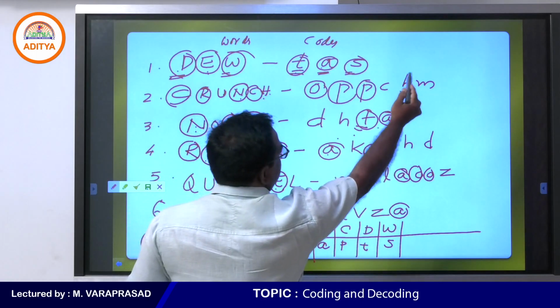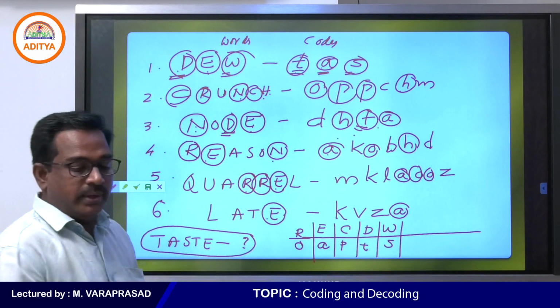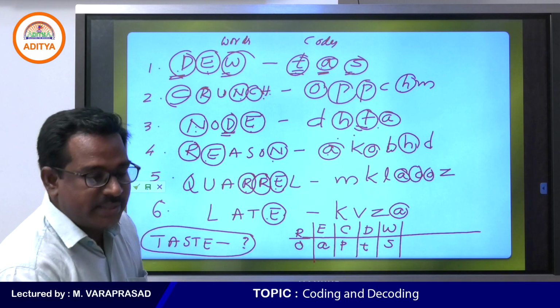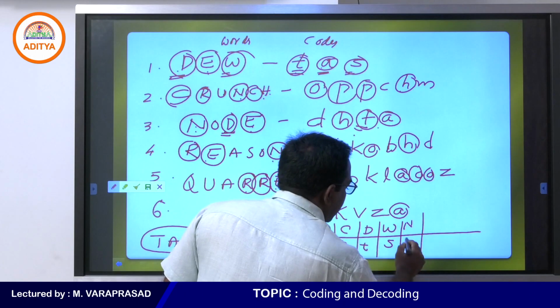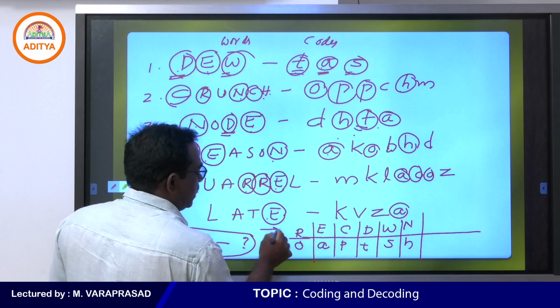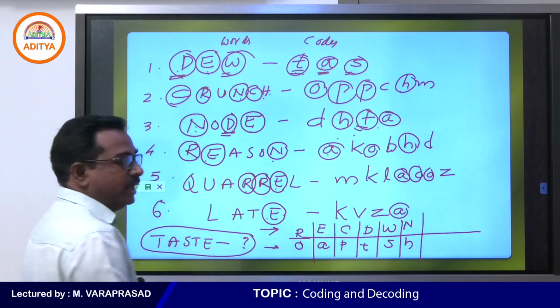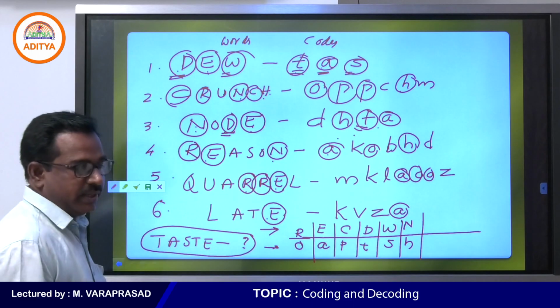H is repeated. So N means we can write H. Yes, N means H. Like that you need to find the code for every letter. This is letter and this is code. Then whatever words they give, you will get every word in code language.